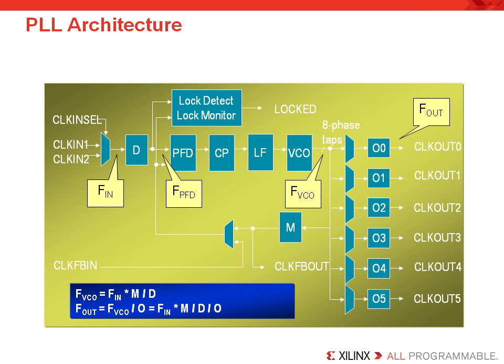Now, this diagram shows the internals of the MMCM and helps explain how it works. The first portion of this diagram shows how the clock switching functionality is built in to allow synchronous switching of the source clocks.